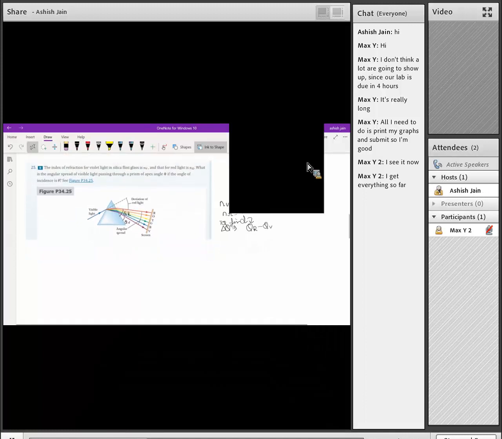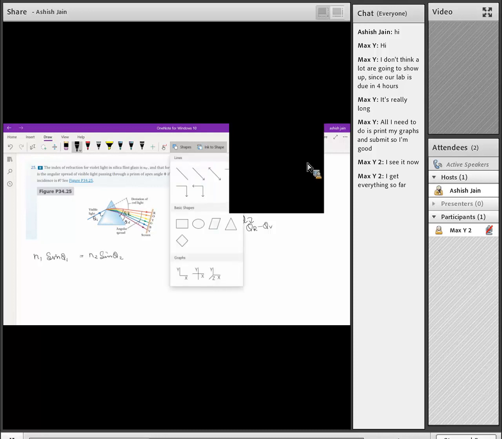Okay, so using Snell's law, let's call the incident angle theta 1: n1 sine theta 1 equals n2 sine theta 2. I'll draw it for you so that it'll be more clear.